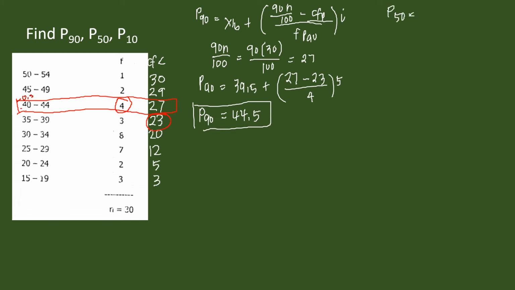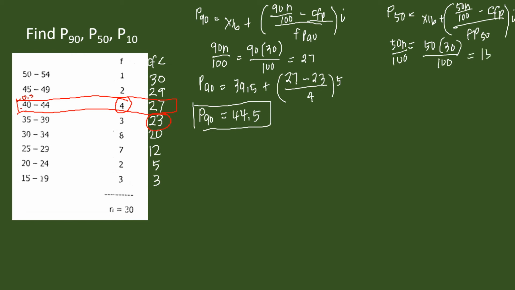Solving that, we will have lower boundary plus 50n over 100 minus CFP over F of P50 times I. Of course, we need to solve first for the locator. So 50 times 30 divided by 100, which gives you 15.